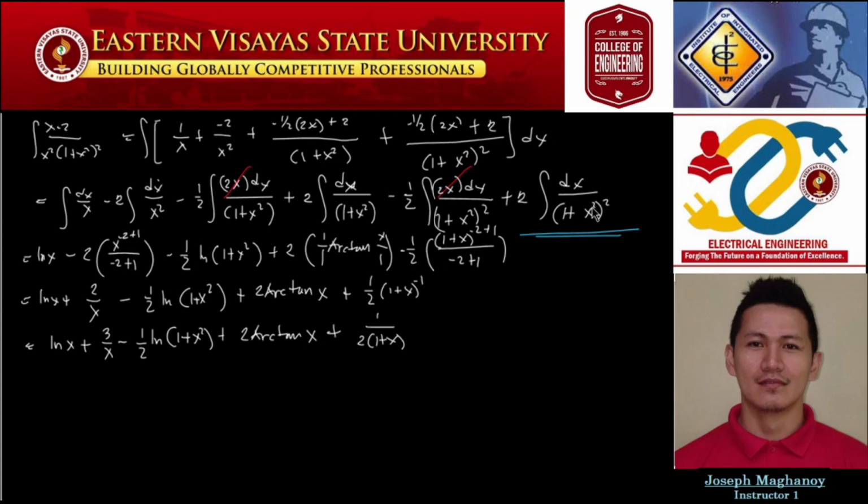We replace it with our inverse trigonometric formula. That is 2 integral dx, this is 1 squared plus x squared, squared.